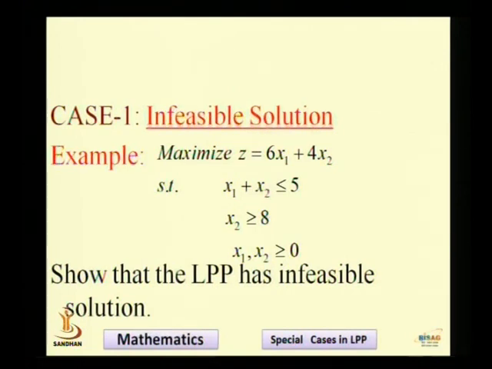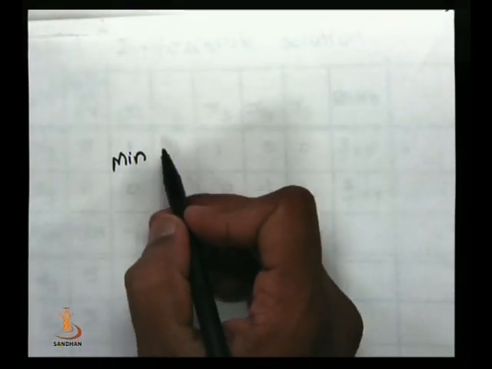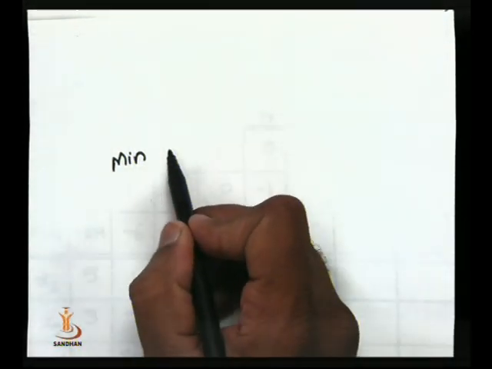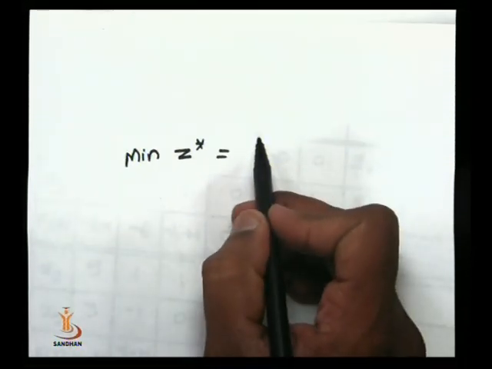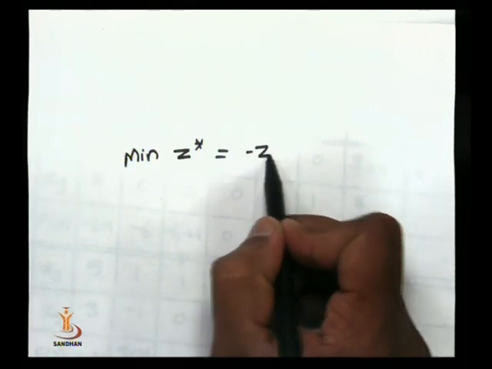First, I will convert this LPP into standard form. Minimize z star is equal to minus z.